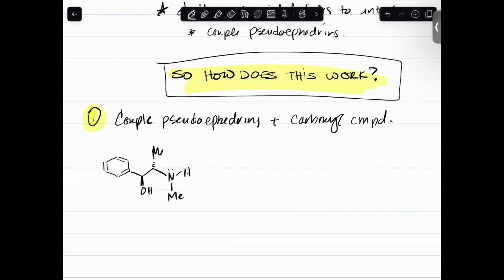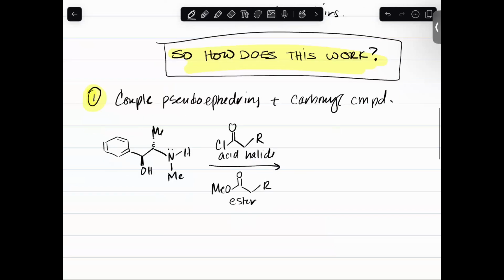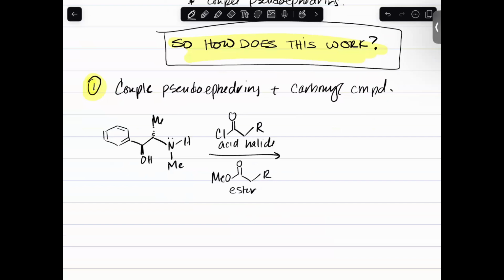And just like I mentioned before, you can use an acid halide to introduce your carbonyl compound onto your pseudoephedrine, but you're not limited to an acid halide. You can also use an ester. I'll use a methyl ester. You can also use an anhydride.